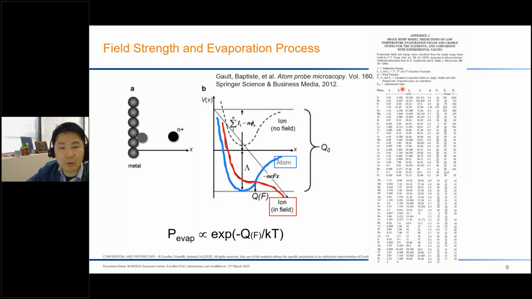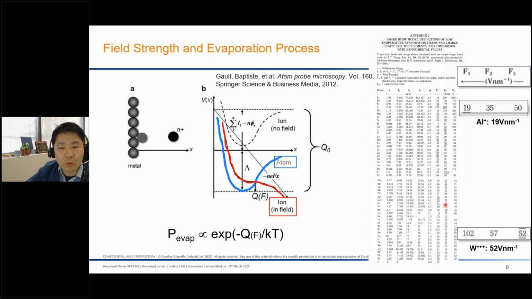In general, high melting point elements like tungsten require an extremely high electric field, over 50 volts per nanometer, to field evaporate. On the other hand, lower melting point materials like aluminum require a lower field. For example, for aluminum it's 19 volts per nanometer. And silicon is a well-studied material with atom probe that requires a moderate field of around 30 volts per nanometer.